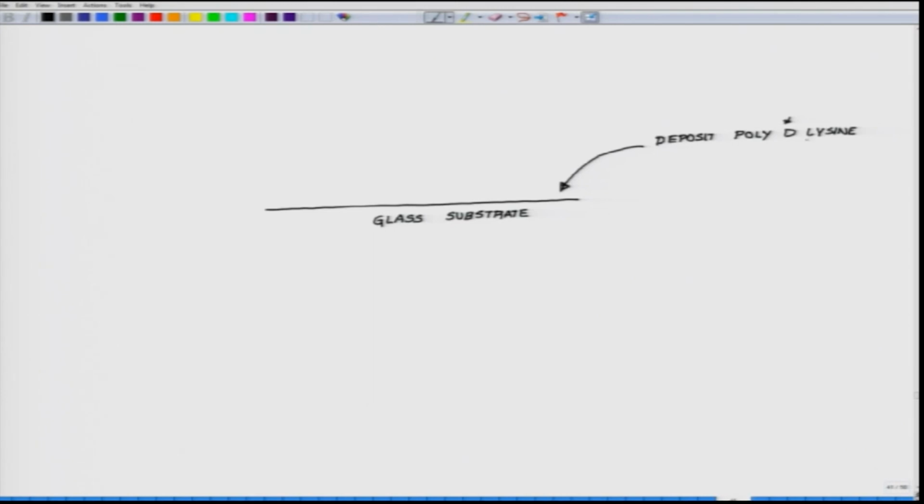D is the isomer type, and lysine, as you know, is an amino acid. So we have a chain of lysine residues attached with peptide bonds. If you buy this poly-D-lysine from the market, it comes as poly-D-lysine hydrobromide, HBr, to stabilize it. But do not worry, that doesn't remain in the culture, it gets removed.